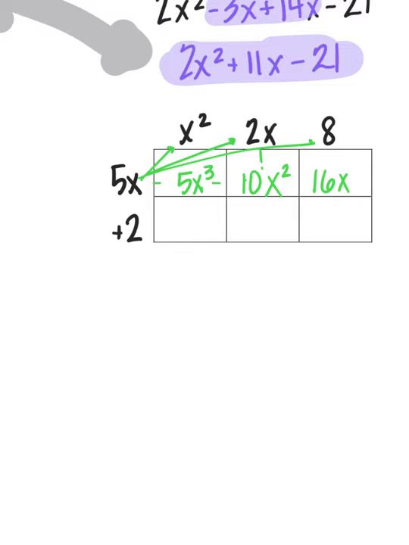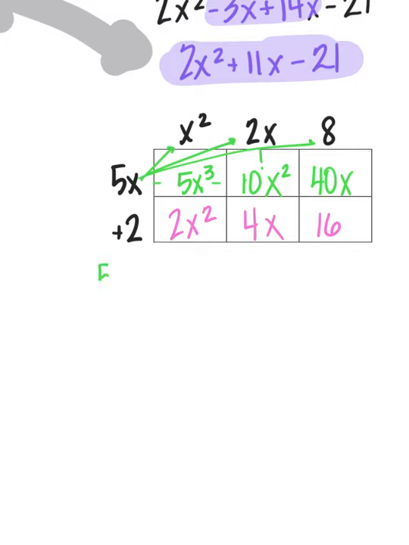Now I'm going to do that to my 2, and I get 2x squared. 2 times 2x is 4x, and 2 times 8 is 16. And I already messed up again. I'm so sorry. I'm sorry. So now I'm just going to write it all out.